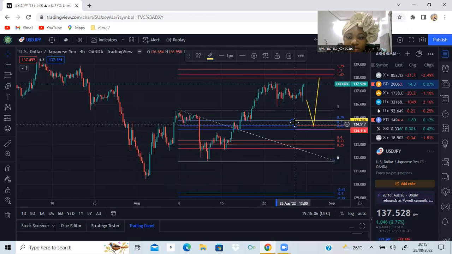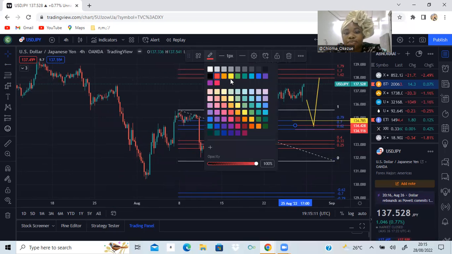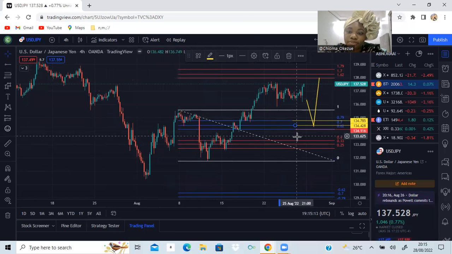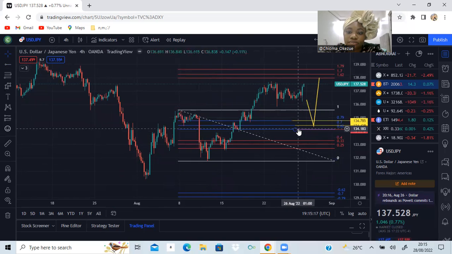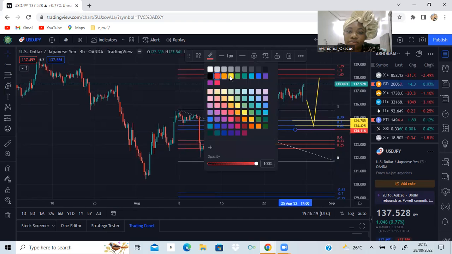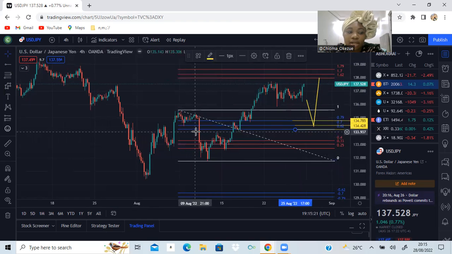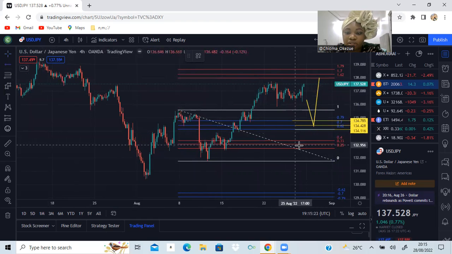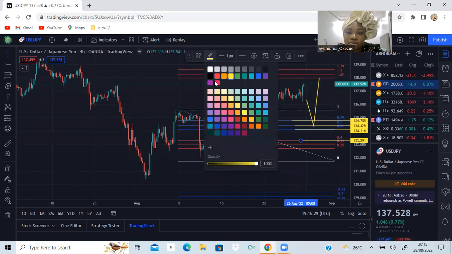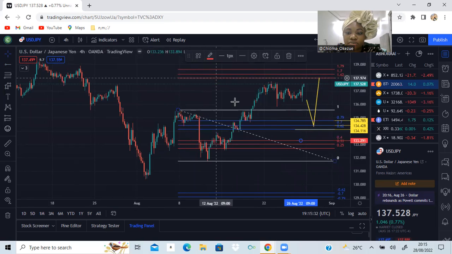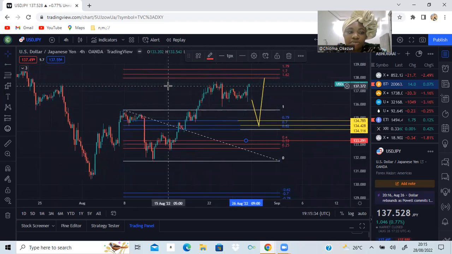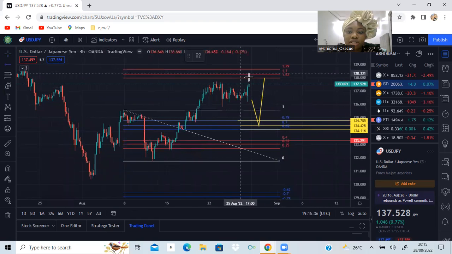Golden for entry. All right, and we have a stop loss right there. Red for stop loss. Right, and we have green for take profits.